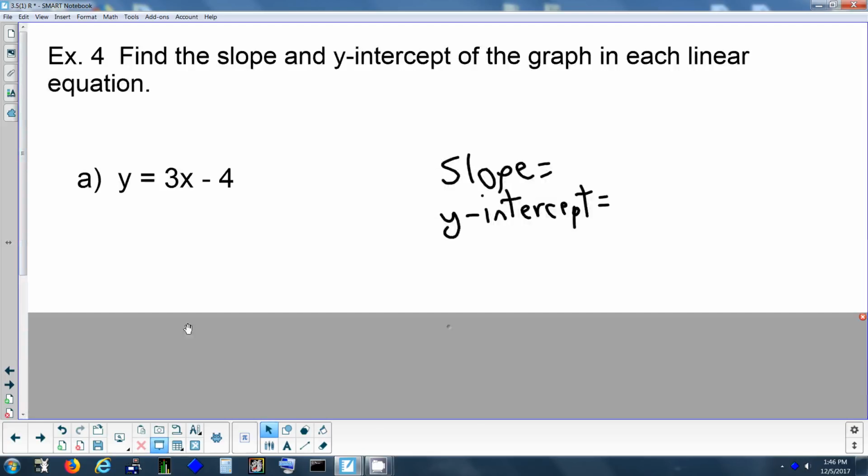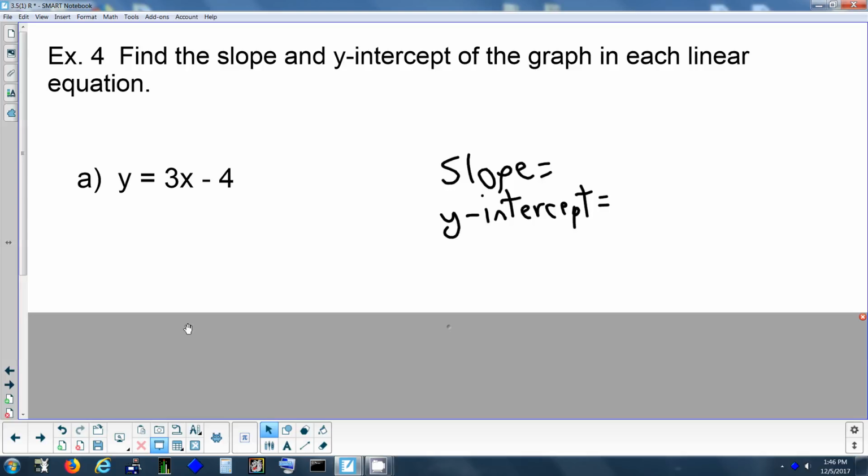Ginny, can you tell me what the slope is in that equation? If you're not sure, look back at your formula to remind you. Is it 3?